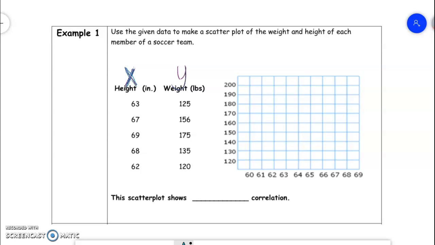So my x-axis represents my height, and our y-axis is the weight.